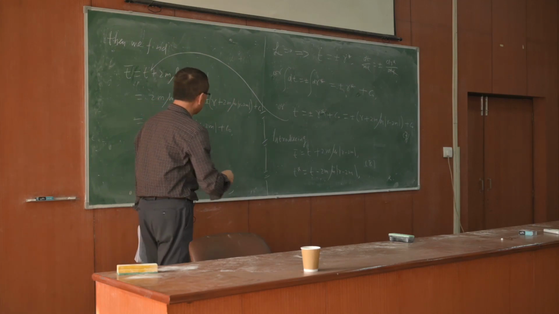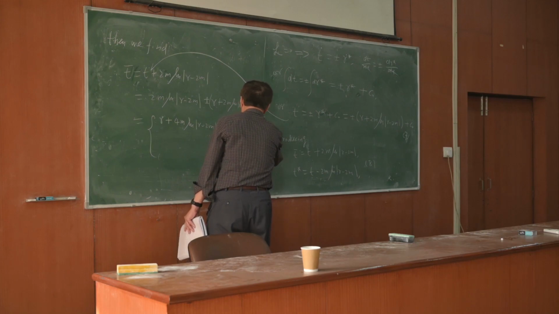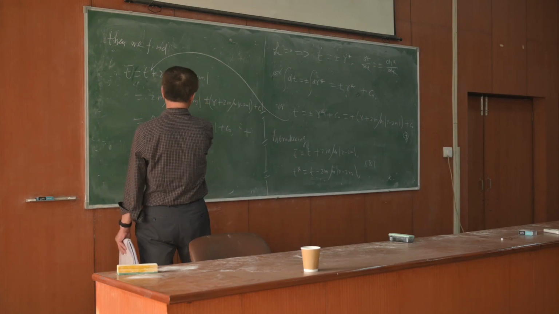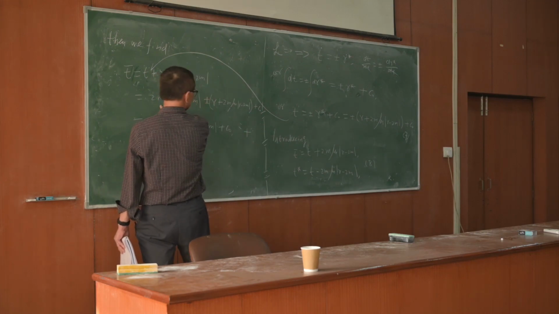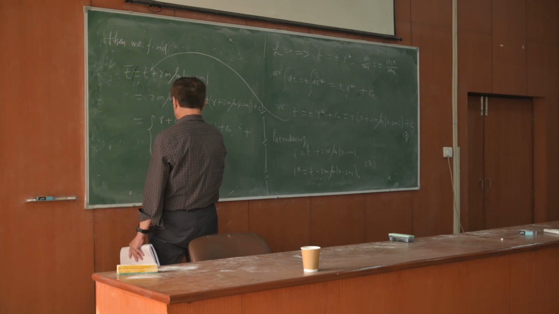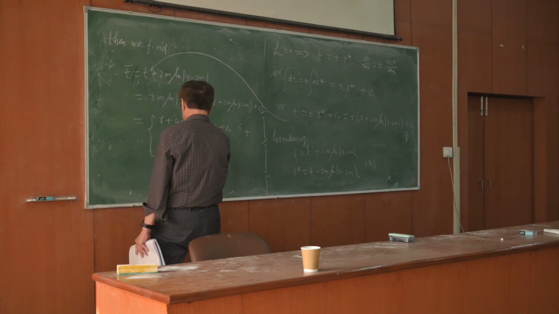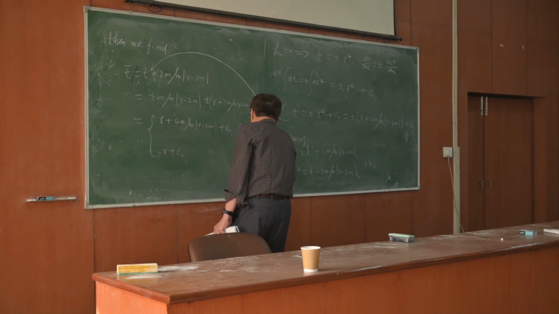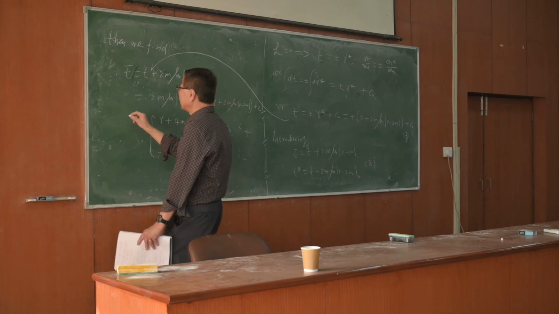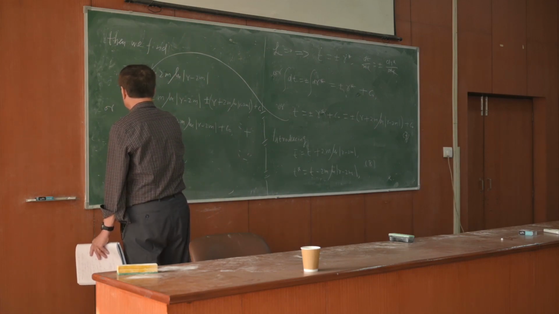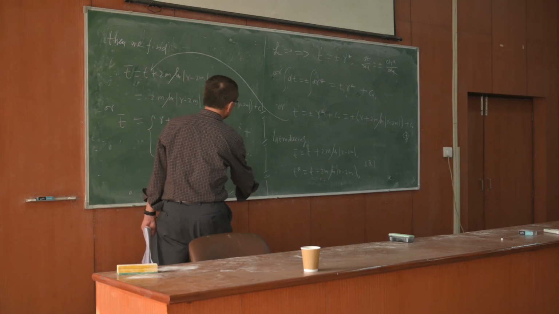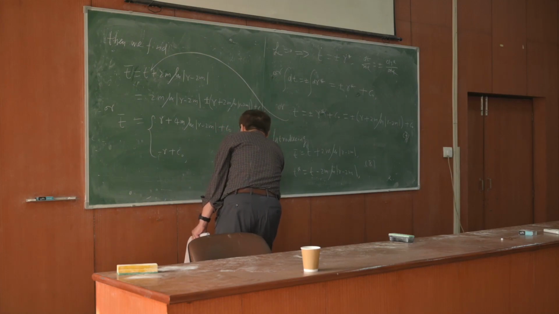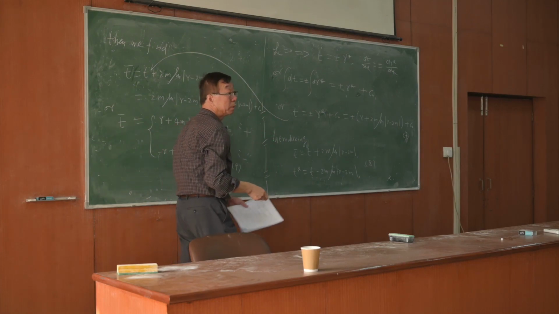This is for the plus sign. For the minus sign, these terms cancel, and I have only minus r plus C0. So this is for the minus sign, for t̄. This is my equation 9.